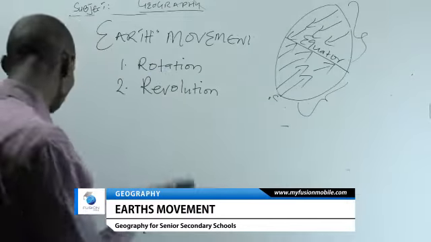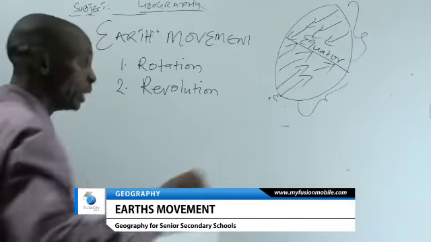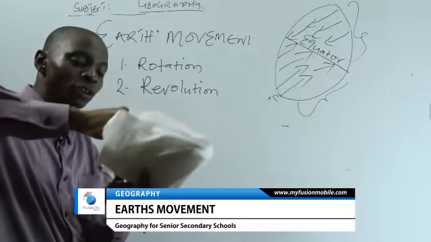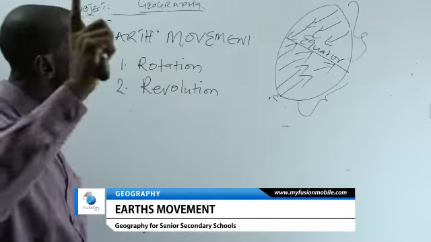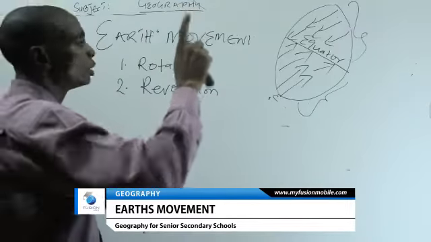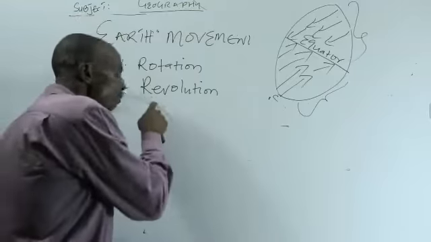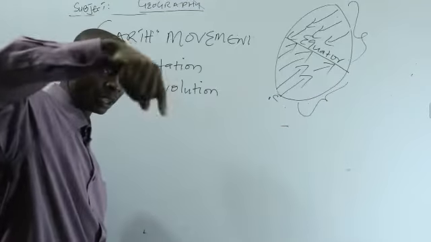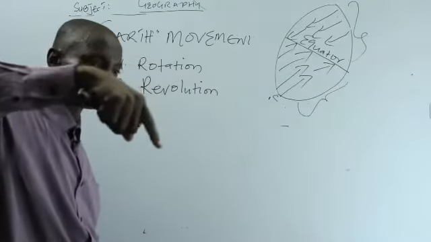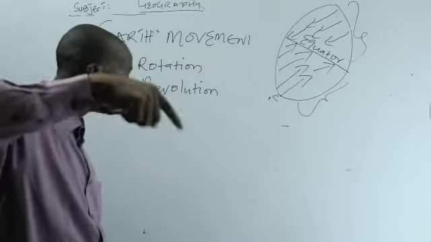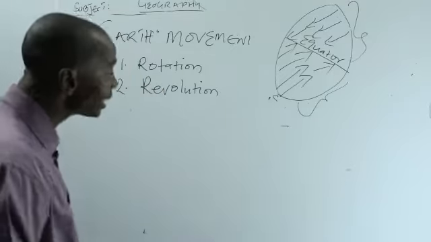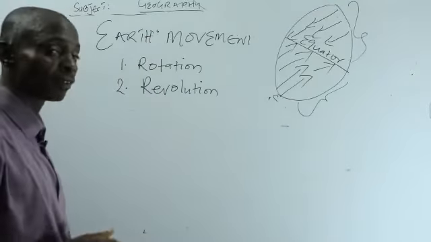Rotation is the spinning of the earth on its axis, and it completes one rotation in what? In 24 hours. While revolution is the movement of the earth around the sun on its what? On its orbit, and it takes 365 1/4 days.